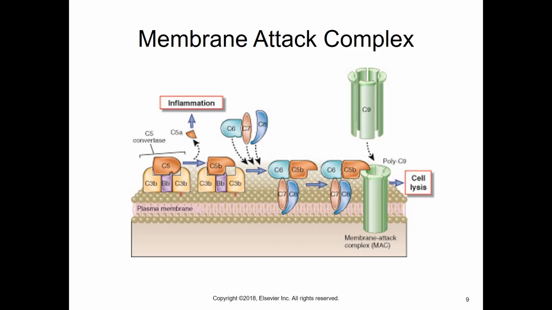These fragments may remain bound to the same cell surfaces at which complement has been activated or may be released into the blood or extracellular fluid. In either situation, active fragments mediate their effects by binding to specific receptors expressed on various types of cells, including phagocytic leukocytes and the endothelium.